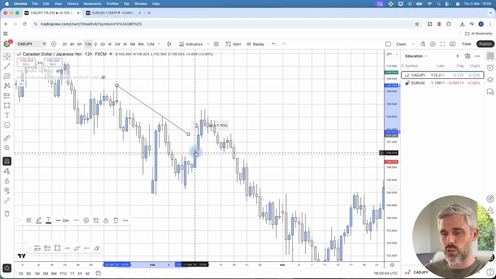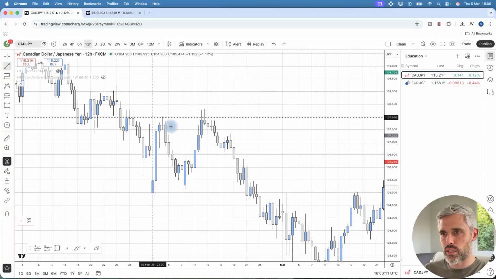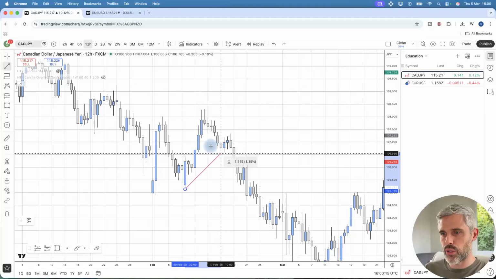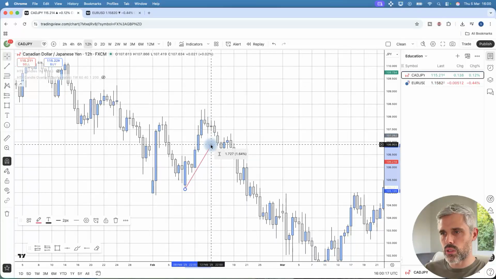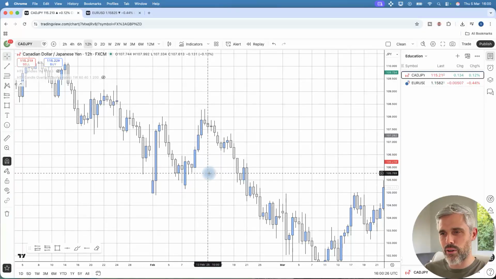So if you're looking to take a short off of this trend line, you are going to get stopped out. Now, price has shifted above our previous trend line. So now we're looking at a new potential trend. What does price do? It just tags the trend line, breaks through, and then bursts in the opposite direction. And that's because price doesn't care about the 2 lines you draw on your chart.